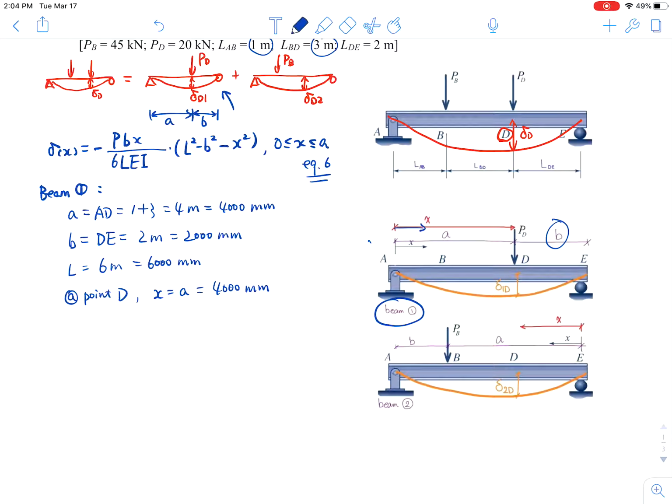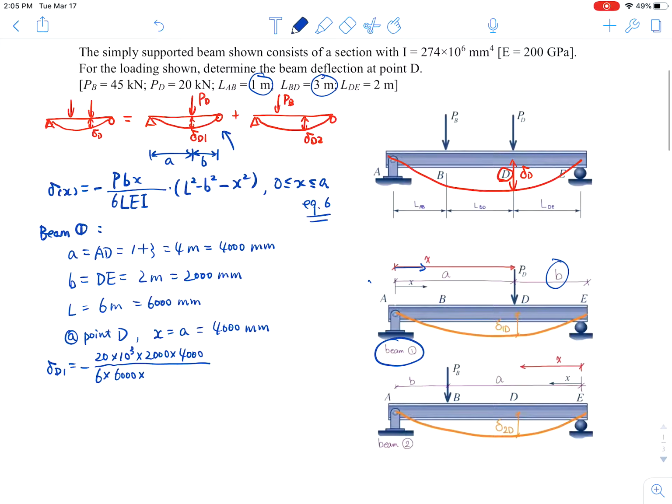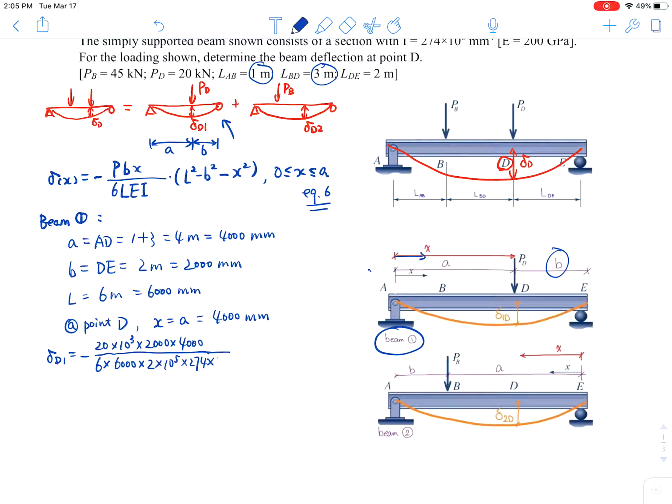Now we can calculate the first component of this deflection. Delta D1 equals, just use that equation, negative P, where P is 20 kilonewton, or 20 by 1000, by B, which is 2000, by X, which is 4,000, over 6 times L, that is 6,000, times E, which is 200 gigapascal, that is 2 by 10 to the 5th MPa, times I, 274 million.